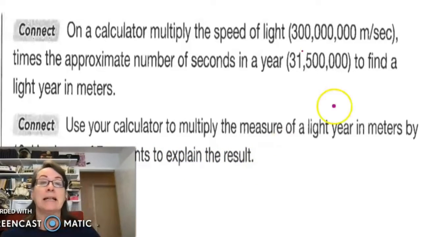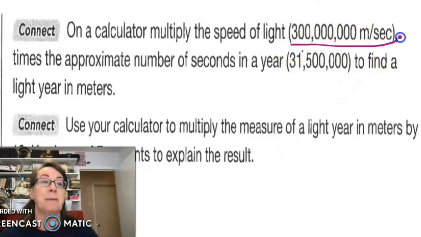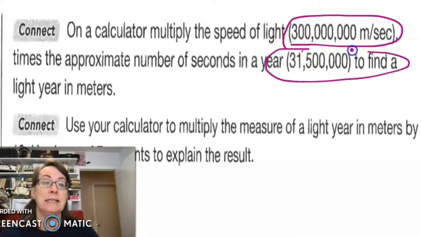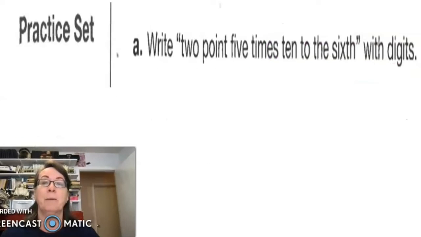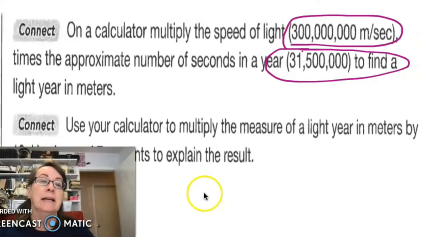Are you likely to have this kind of space on your calculator? No, not likely. You'll be able to enter the original numbers, but you won't be able to get the answer. They don't give us the answer, so let's do it ourselves.